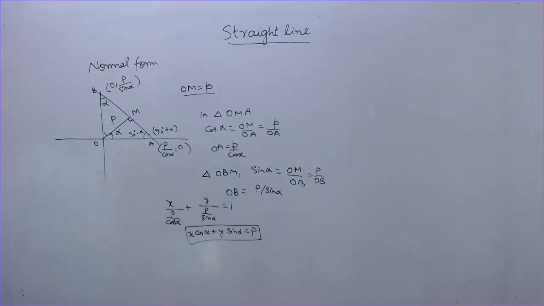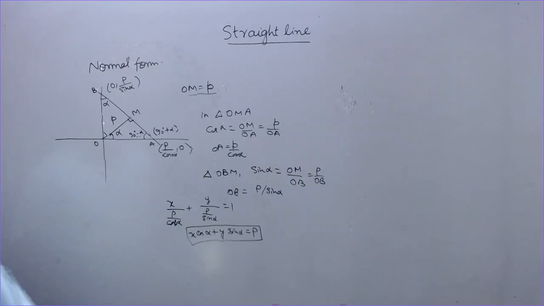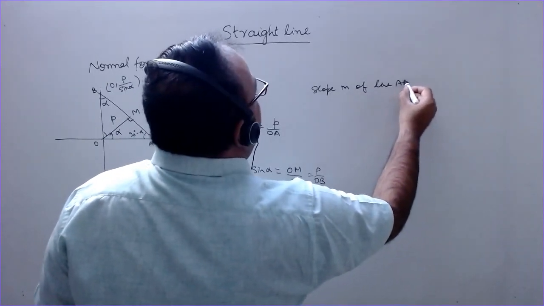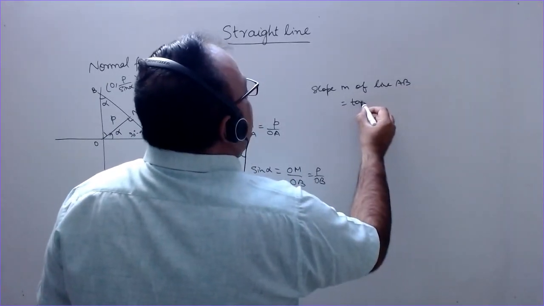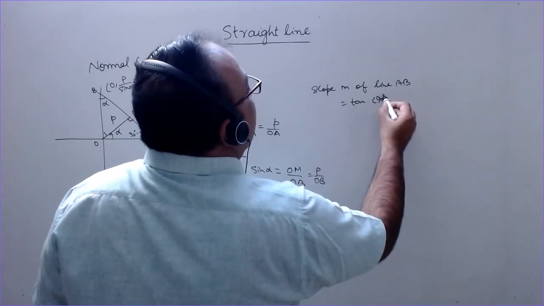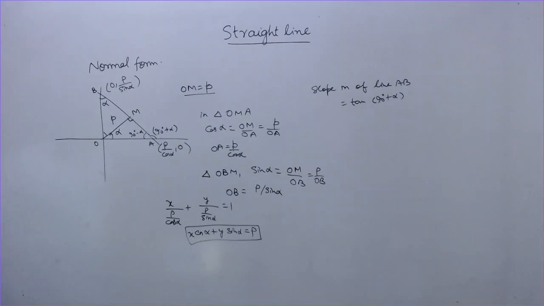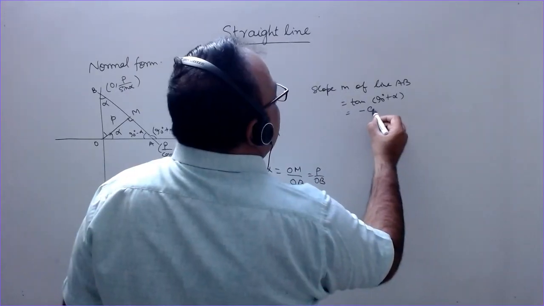The slope of this line AB is equal to tan theta, that is tan of 90 plus alpha. And what is that? Minus cot alpha.